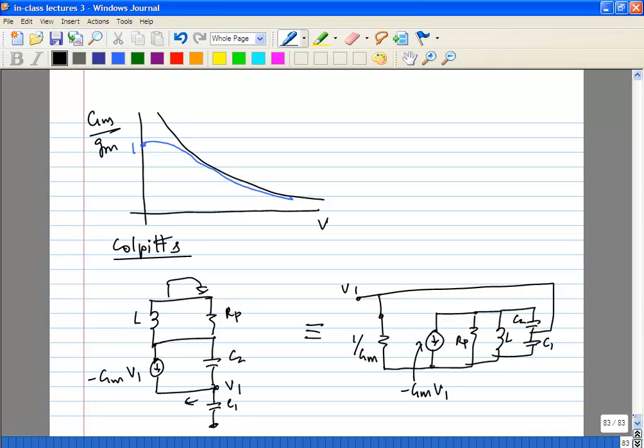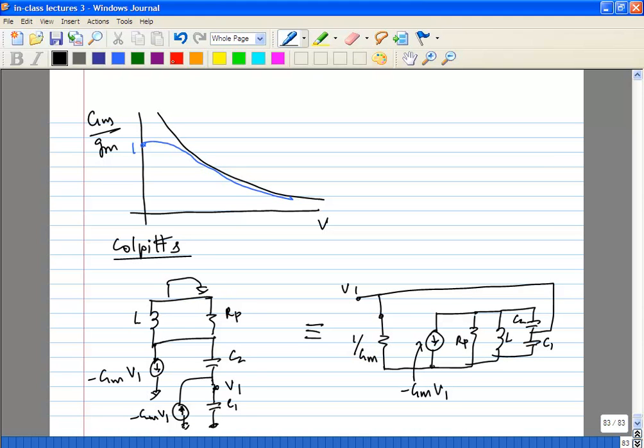So effectively you can split this like this, right? This is nothing but a 1 over GM impedance. It's minus GM V1 connected to V1, and the current is obviously in the opposite direction from what you would expect from an impedance, right?